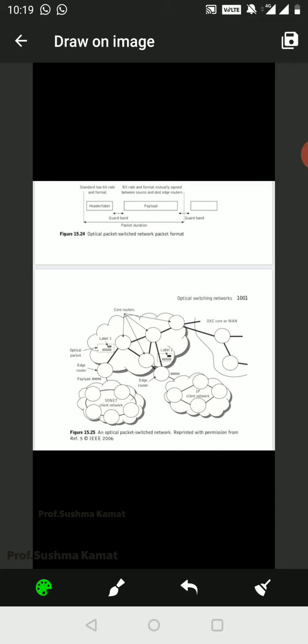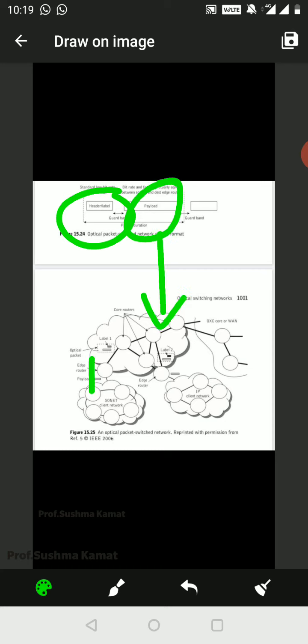It contains a header, which you can see here, a header format or a label. And it has a payload. Payload is nothing but data. It has a typical header, and it requires a guard band to ensure that the data is not overwritten. If you want privacy, you are supposed to use a guard band.